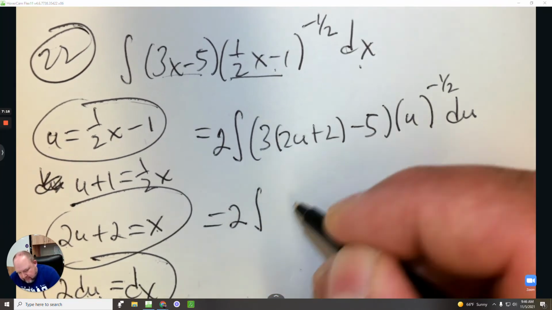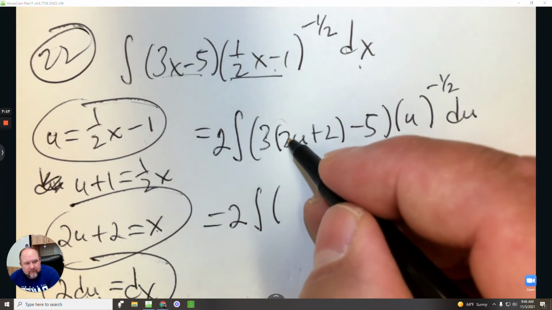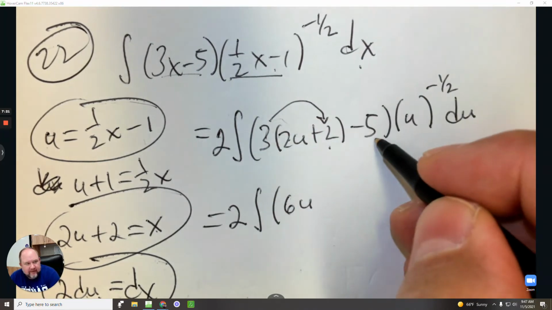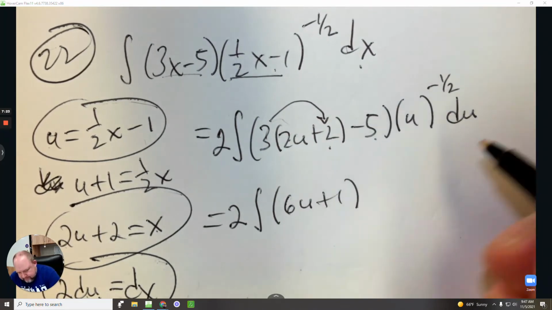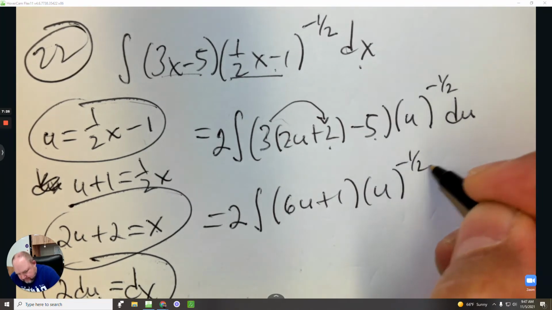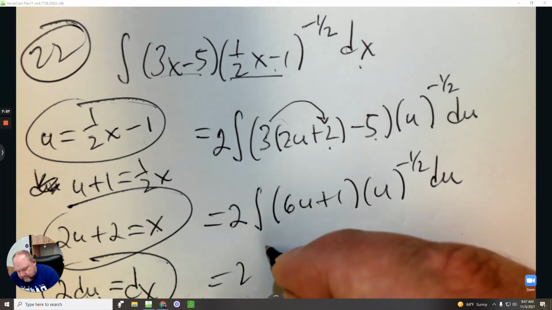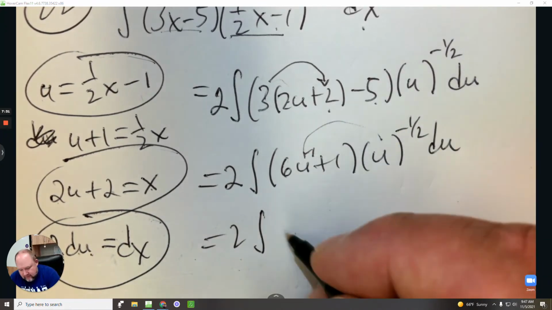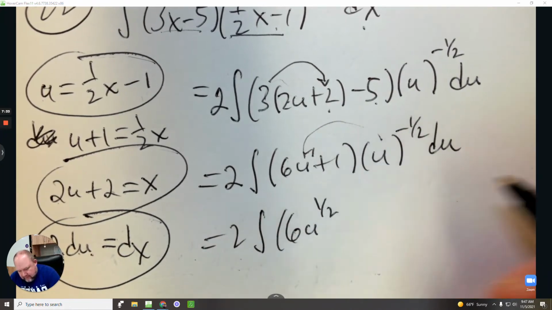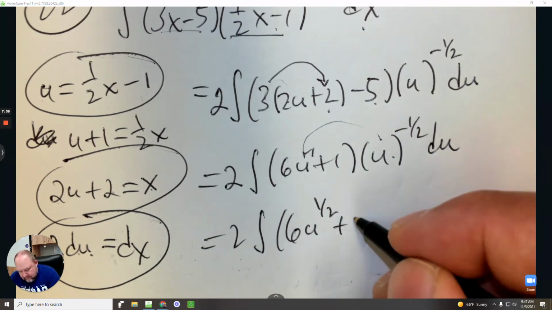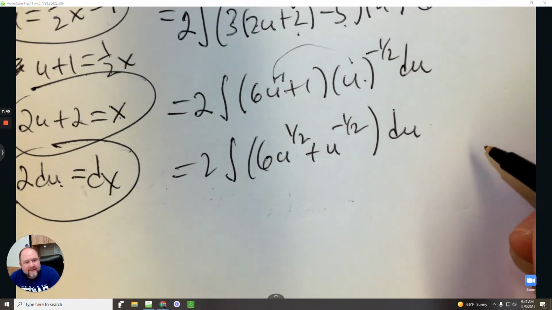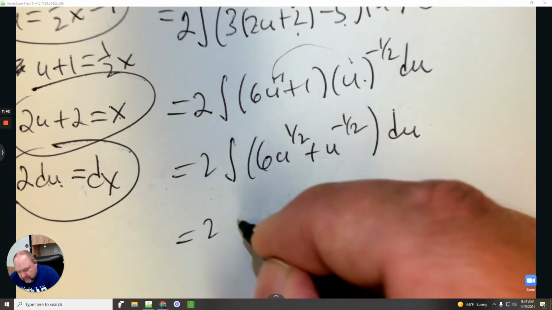All right, now some algebra. So 3 times 2 is 6u. 3 times 2 is 6. Take away 5 is 1. Distribute. So u to the 1/2 times u, here we add the exponents. So that's 6u to the positive 3/2. 1 times u to the negative 1/2 is just that, u to the negative 1/2. And now we are going to integrate.